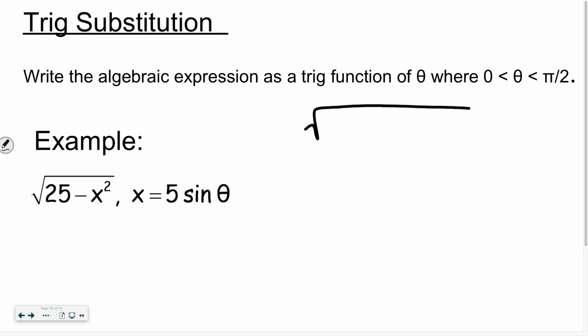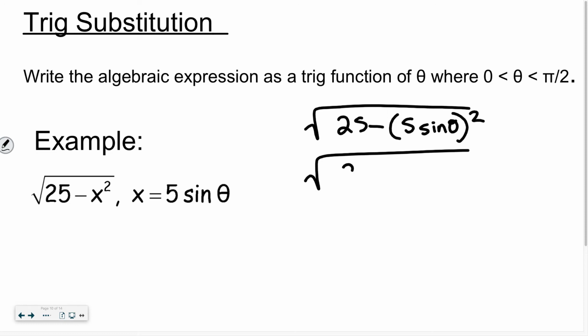So I'm going to do 25 minus 5 sine theta squared, because it's just x squared, right? And x is 5 sine theta. Well, when I square that, I have to square the 5 and the sine. So that's going to be 25 minus 25 sine squared theta. 5 sine theta times 5 sine theta is 25 sine squared.